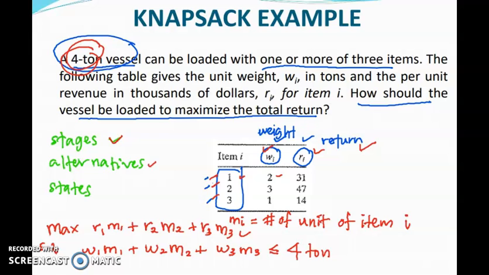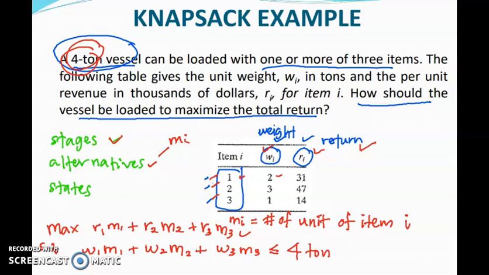Now for the alternative, at stage 1 for example, represented by M, we can use M, because M is the number of units of item i. So for stage number 1, which refers to item number 1, how many units of item 1 should we load or put into the knapsack?